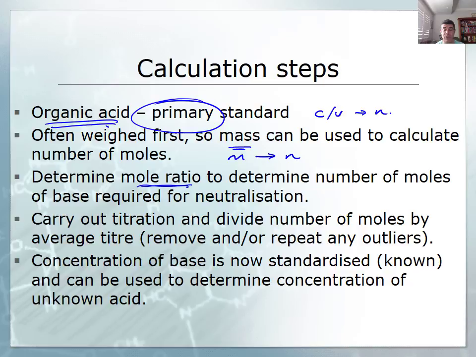We carry out our titration and divide the number of moles by the average titer to get our final concentration using the formula C equals n on V. And remember that average titer is going to be based on the elimination of any outliers. So this allows us to standardize the concentration of our base if we're starting with an organic acid, and then we can use that standardized or known concentration to then titrate against an unknown, such as the amount of acid there is in vinegar, for example.